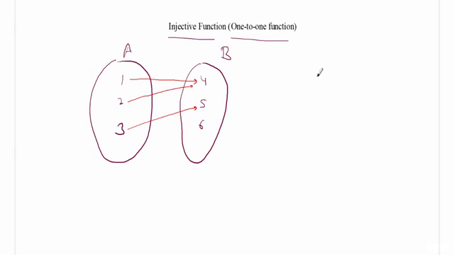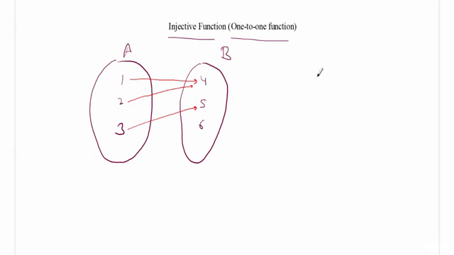So for example, if I say that you have a function from N to N, where N stands for natural numbers. So basically I am trying to say that there is a function from set A to set B such that set A is the set of natural numbers, set B is also the set of natural numbers, such that f(x) = 2x, or you can also replace f(x) with the letter y, so y = 2x. Alright, then will this function be one-to-one or not? You have to answer that.